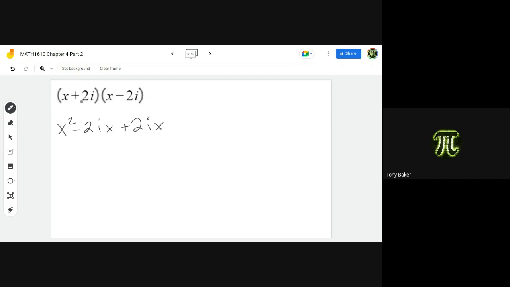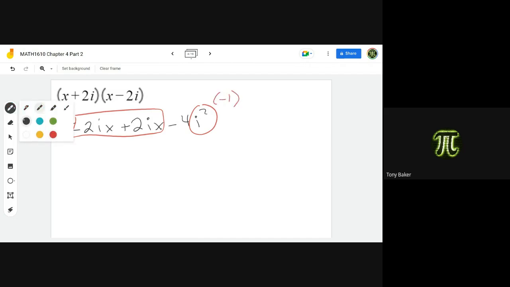And then 2i times -2i is -4i squared. So these two terms right here, there's a negative and positive version, same thing, they're gone. i squared is -1. So this becomes x squared plus 4.